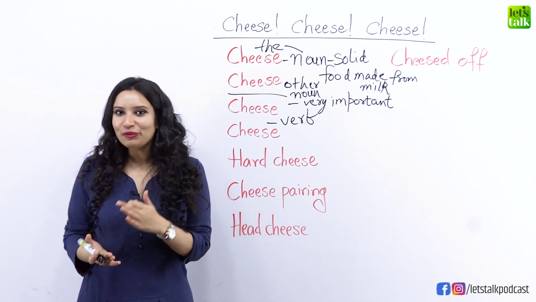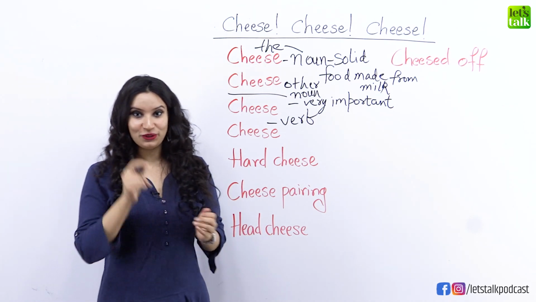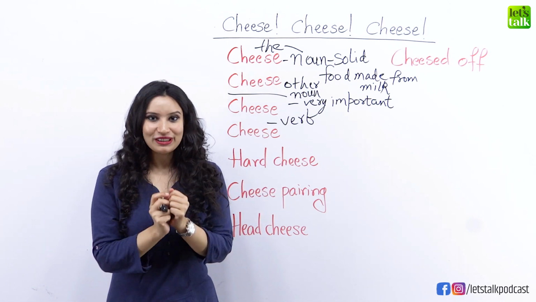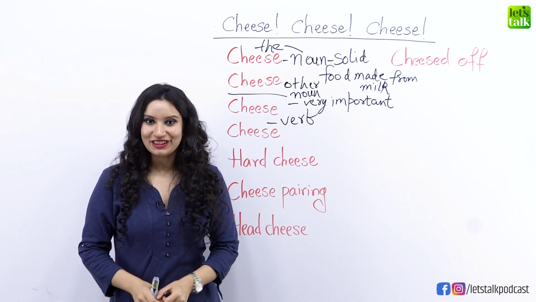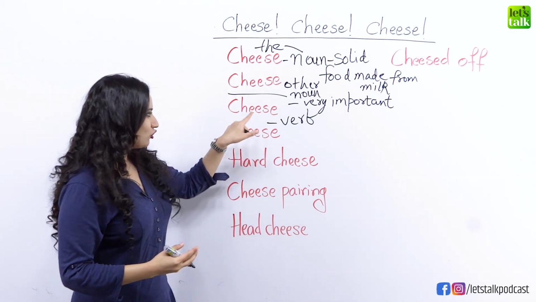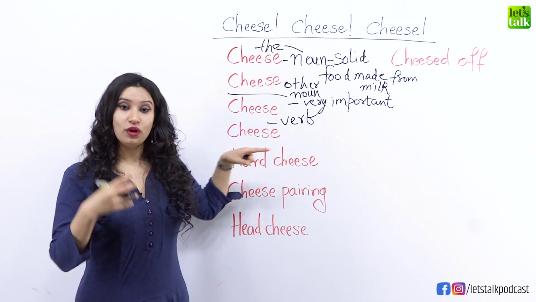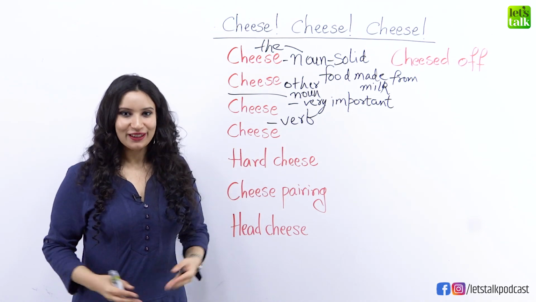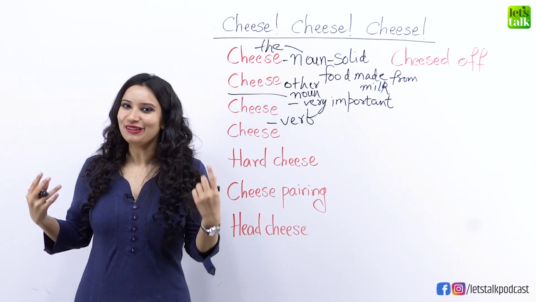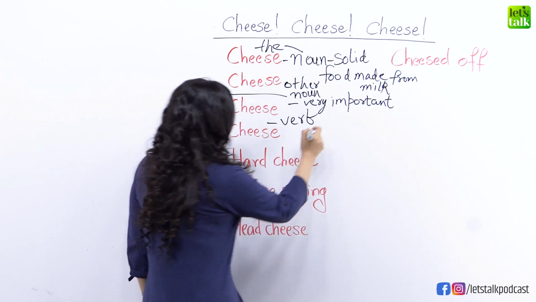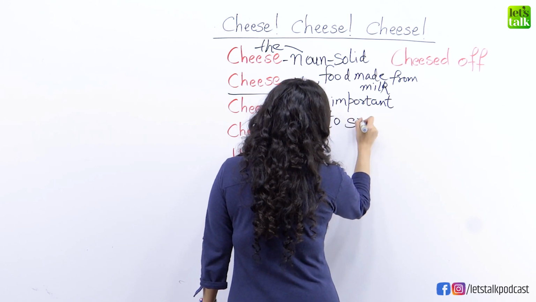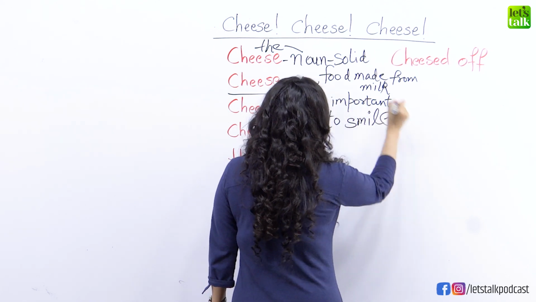This is a common word that photographers use to get you to smile if they are clicking a picture. So whenever you're clicking a picture, next time say cheese so that you can smile widely. So cheese can be used as a verb to ask someone to smile. You could say, hey, give me a cheese, which means give me a nice smile for this picture.